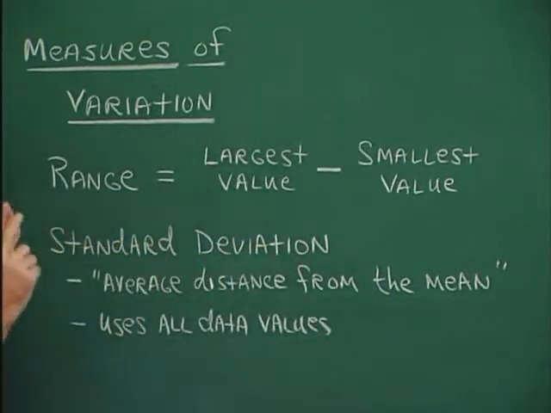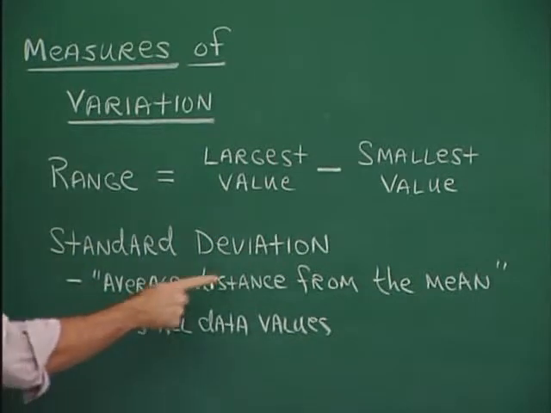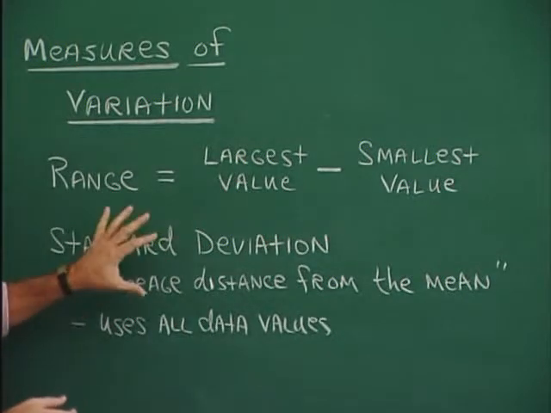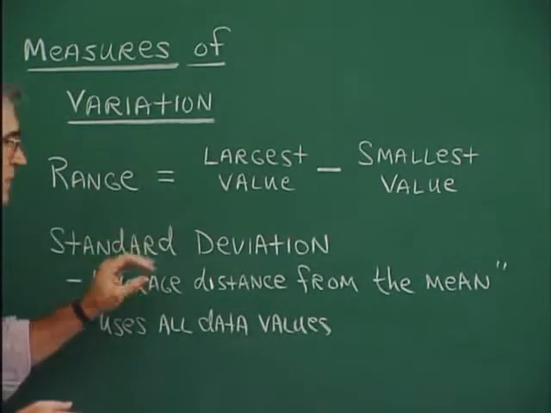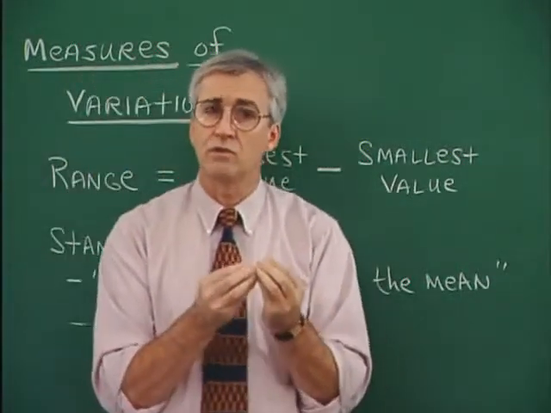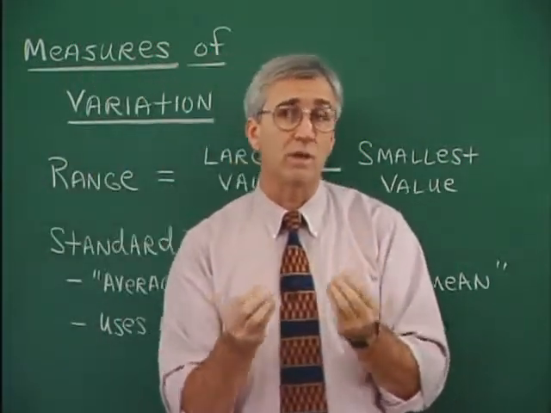A kind of loose interpretation of standard deviation is average distance from the mean. And the great advantage of standard deviation is that it takes into account all of the data values. I can best show you how to calculate range and standard deviation, and how it's important to have those two measures in a data set, with an example.